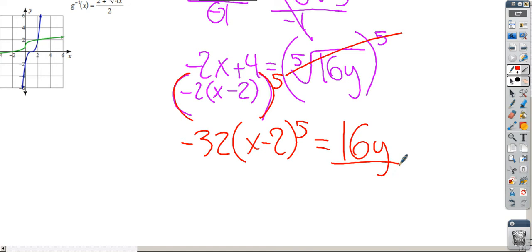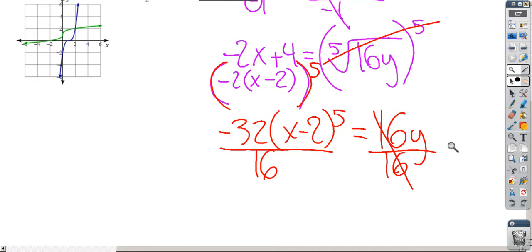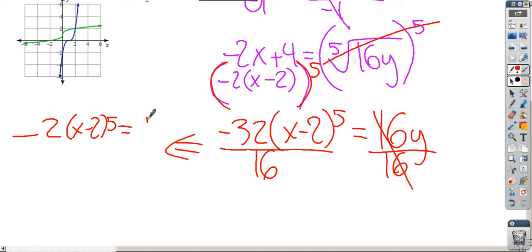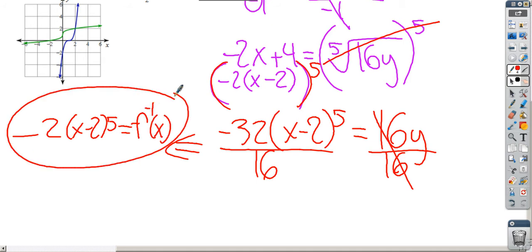So now let's solve for y by dividing by 16. Negative 32 divided by 16 is negative 2 times x minus 2 to the fifth. And that's going to equal y, but we want to replace y with f inverse to signify that it's the inverse. So that's what it looks like.